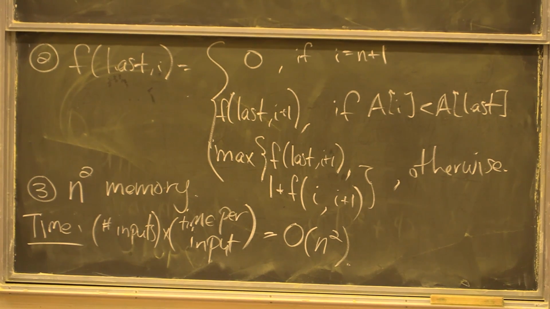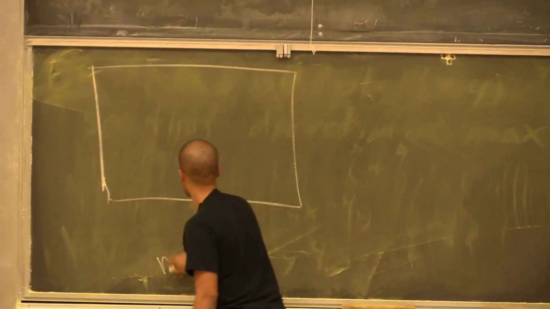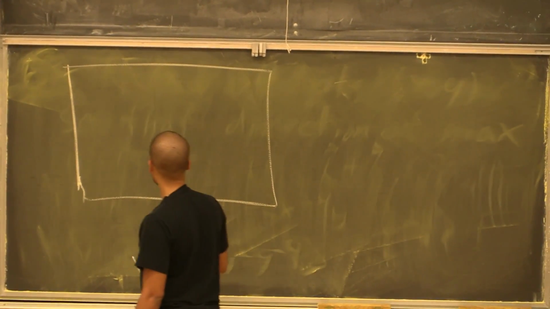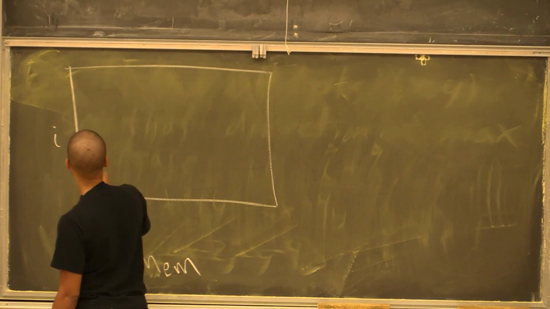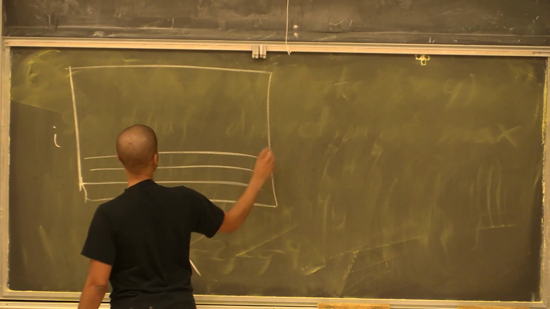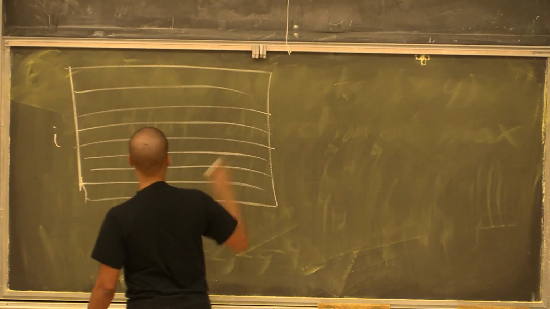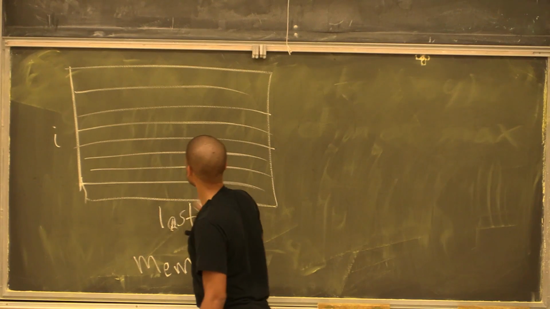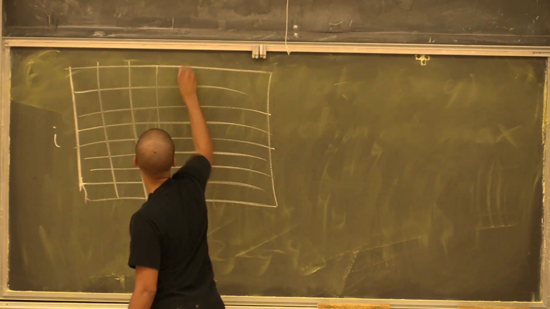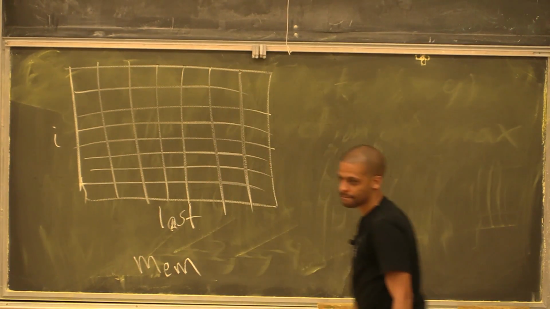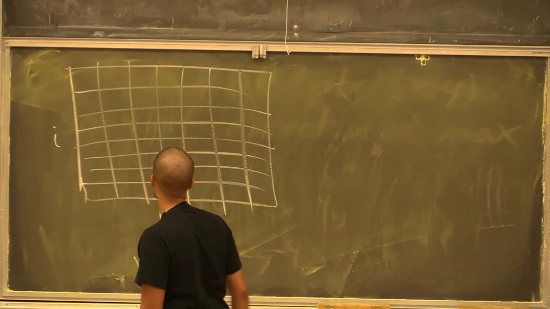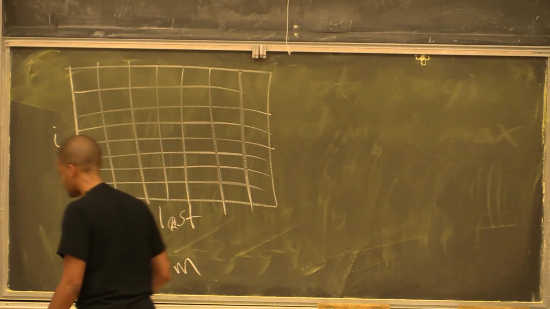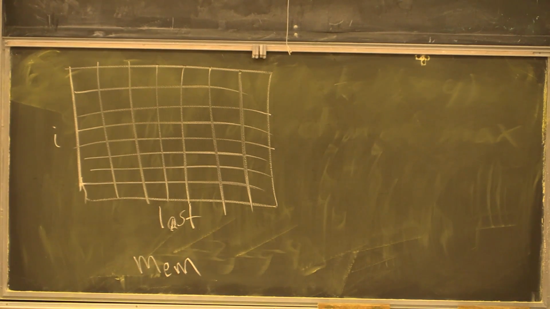Why? Because if I plot the memory table, let's say this is the memory table. Here I is like a different row of this table, and last is a column. And these are the entries of my table. What's the base case? The base case is when I is equal to n plus 1. So let me number these.